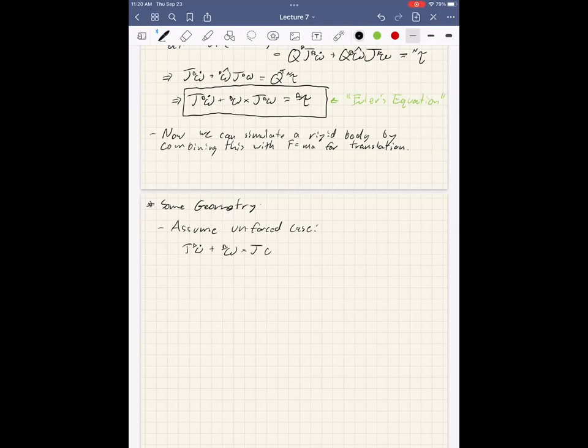Okay, so we got this thing, right? No torque. I can equivalently rewrite this in terms of the momentum, if I want to, which we'll use in a sec.